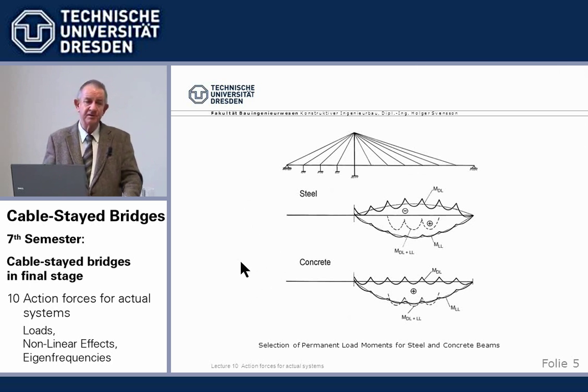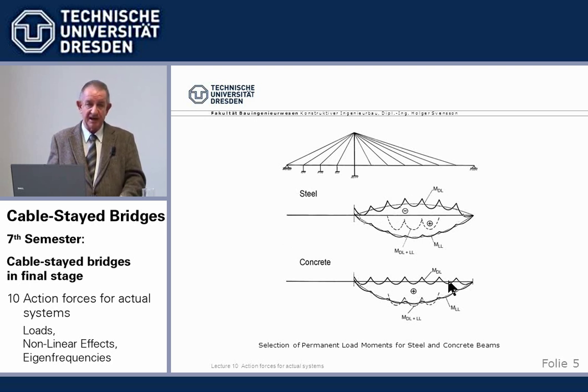Now, what moments do we want to achieve when we apply the cable shortenings? I mentioned already, for the concrete beam, we know we want these qL squared over 12. It's as simple as that, a rigidly supported beam. And for a steel beam, we choose something for a minimum of material. Next time, in the numerical calculations, I will show you how we arrive at the set of cable shortenings.